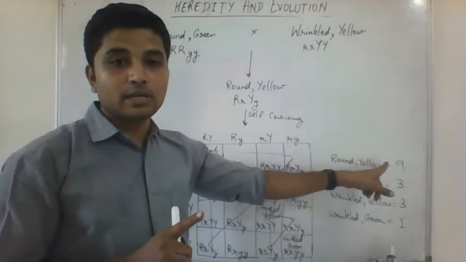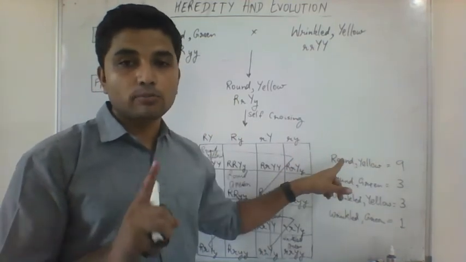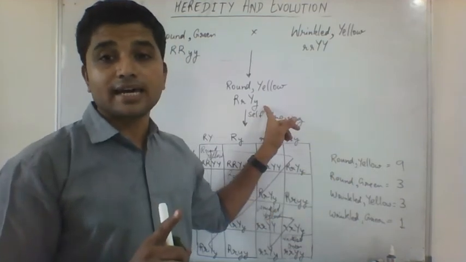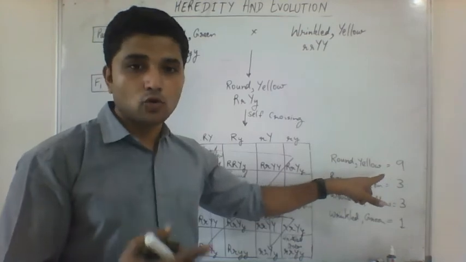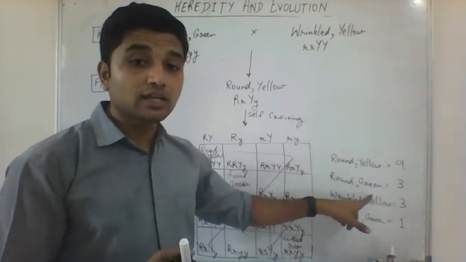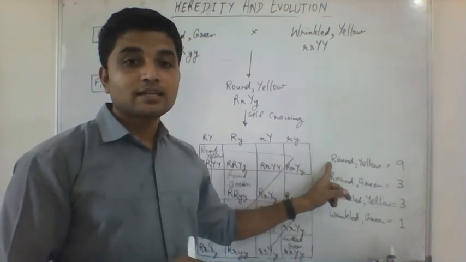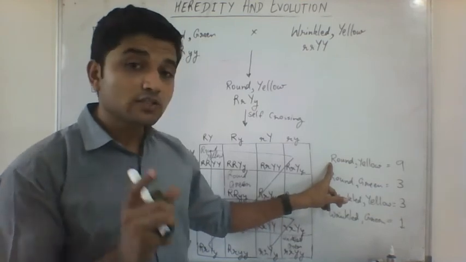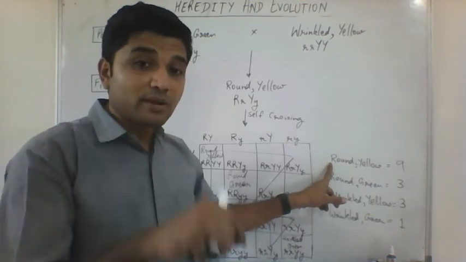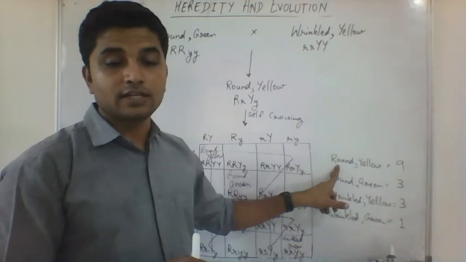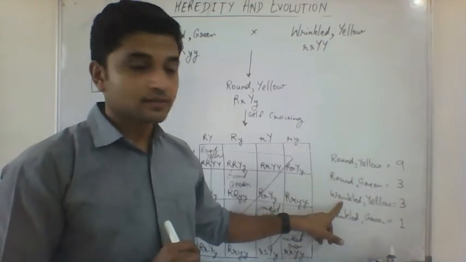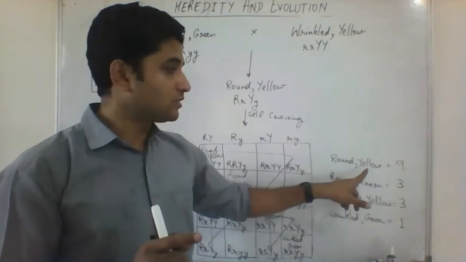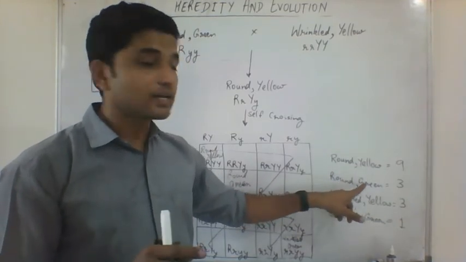They are maximum in number, but not because of anything else, but because they are dominant characters. Yellow and round are dominant characters, so they will be maximum, but no problem. But we are finding out that yellow and green plants are also present. That means yellowness is not linked to, not dependent upon, roundness of seed. Yellow seeds can also arise with wrinkled seeds. Round seeds can arise with yellow seeds, round seeds can also arise with green seeds.